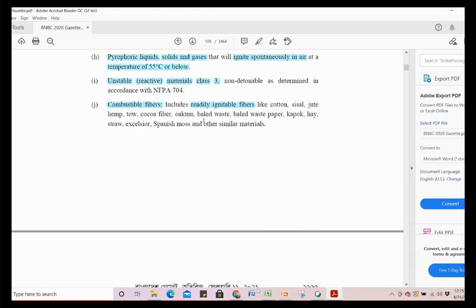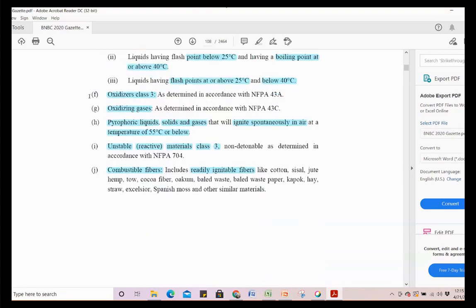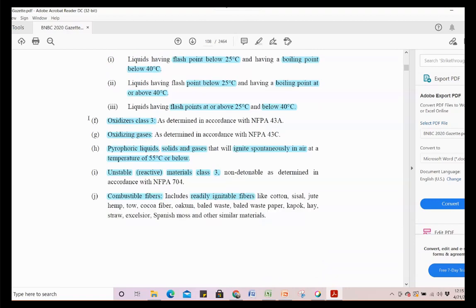So we were here at section 5 and section F and G. Then comes section H, pyrophoric liquids, solids and gases that will ignite spontaneously in air at a temperature of 55 degrees centigrade or below.